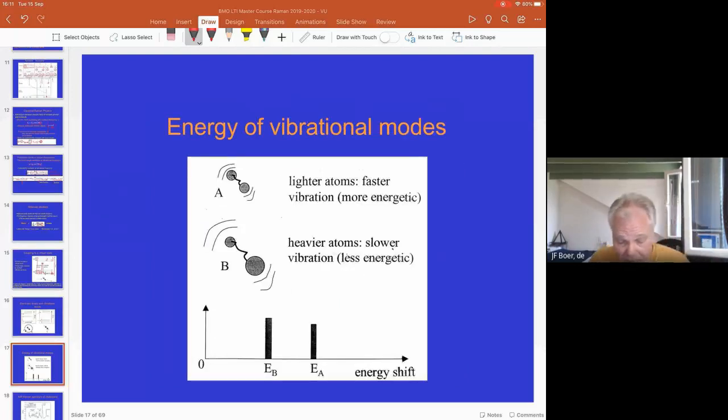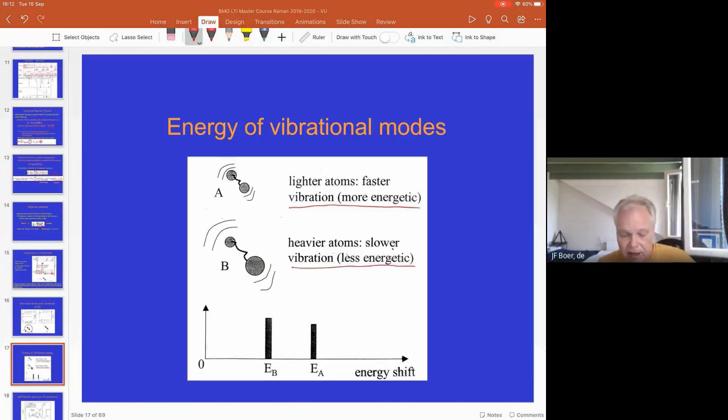So what is now the energy of these vibrational modes? Like I showed you before with the derivation from classical mechanics, the lighter atoms lead to higher oscillation frequencies, so we get more energetic vibrations. And if we have heavier atoms, we get slower vibrations.